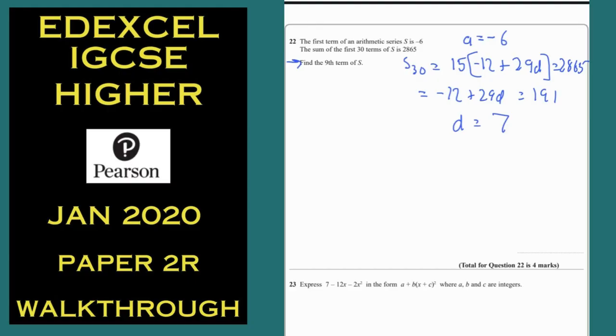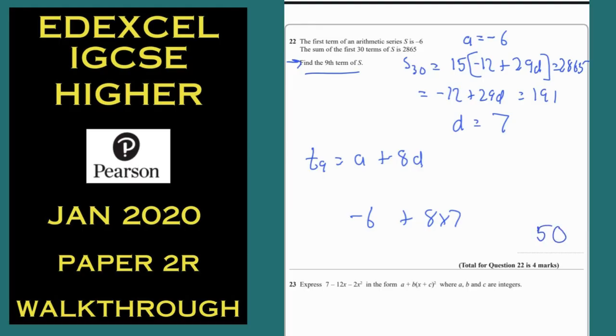You've got your D. We can move on to the final phase. The 9th term is the first term plus n minus 1, so 8 lots of D. So we need to work out negative 6 plus 8 lots of 7. 8 sevens are 56. Take away the 6.